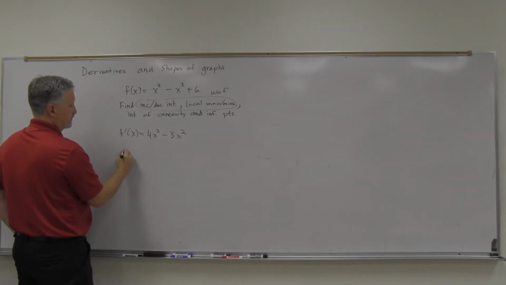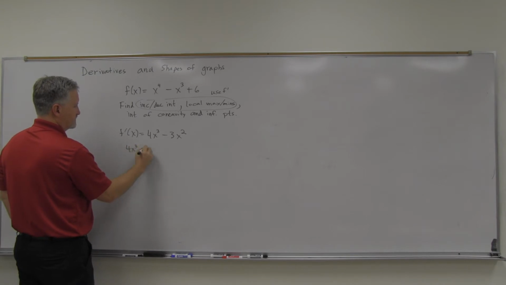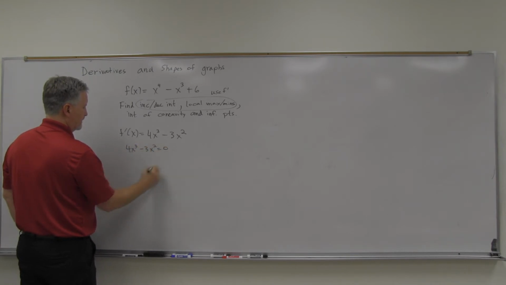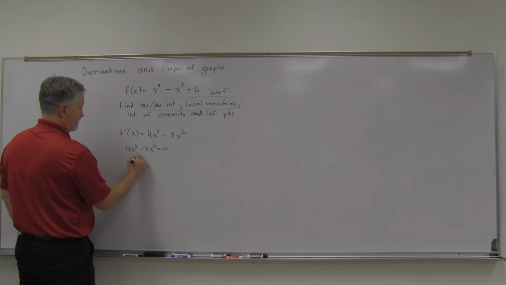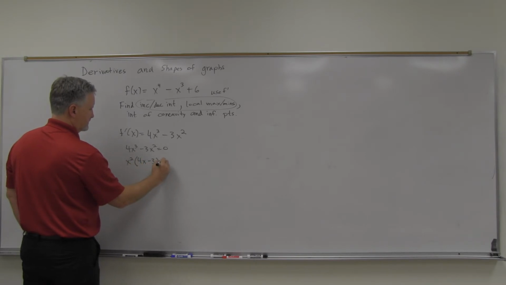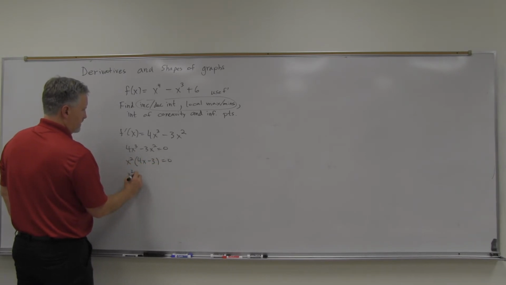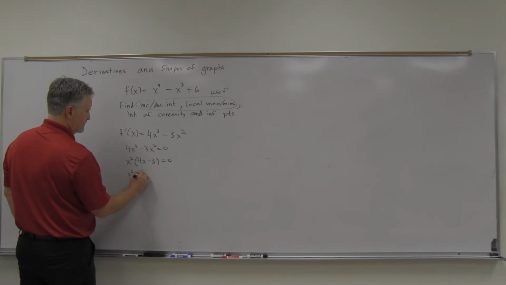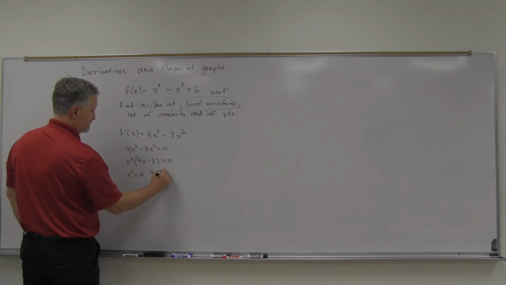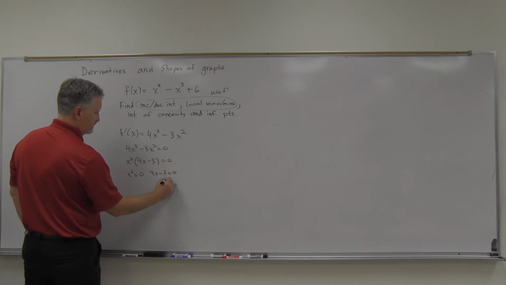And so critical numbers there, that equals 0, which would be x squared times 4x minus 3. So x squared equals 0, and 4x minus 3 equals 0. That's x is 3/4.